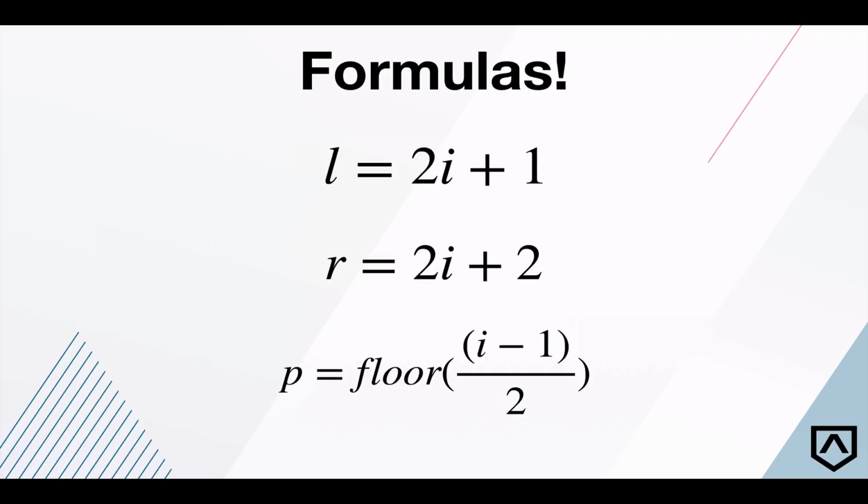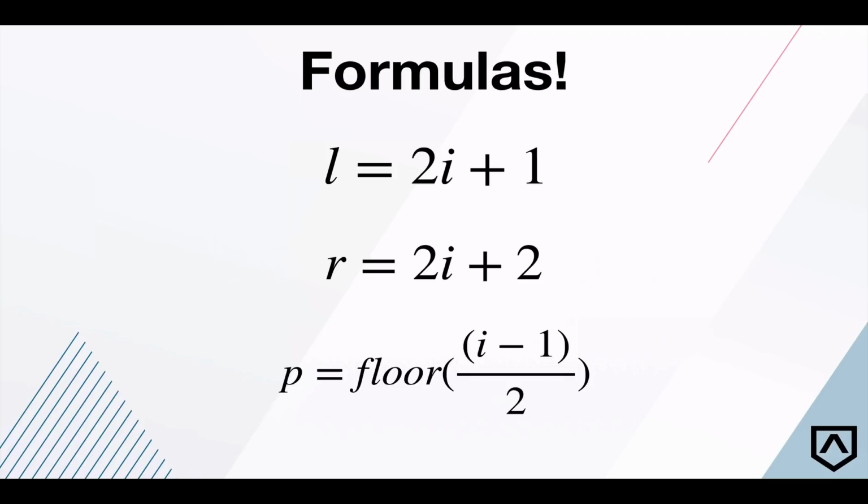Similarly, with the second formula, R means right. In order to grab the right child, the parent takes its own index, multiplies it by 2, and then adds 2. So the idea is that the left and right children are right next to each other in the array representation.